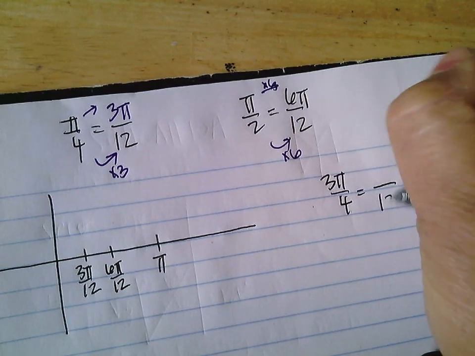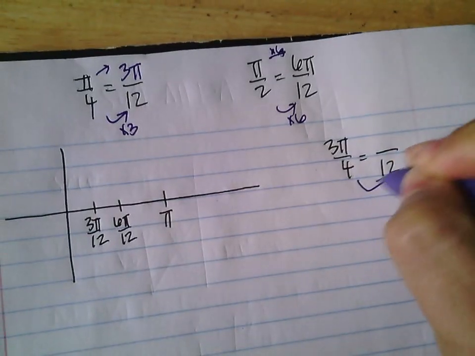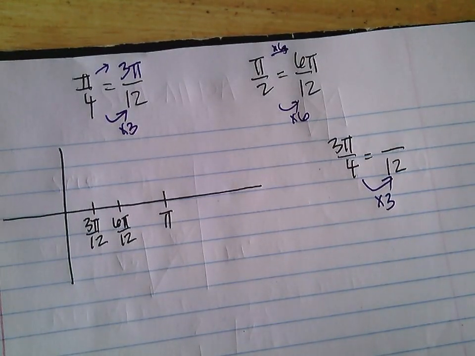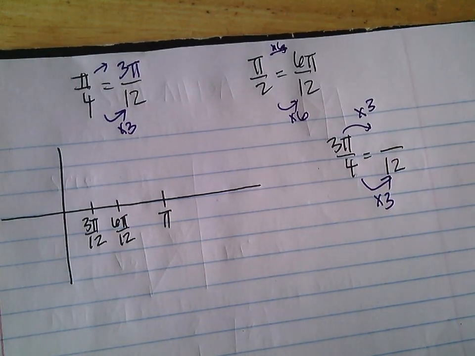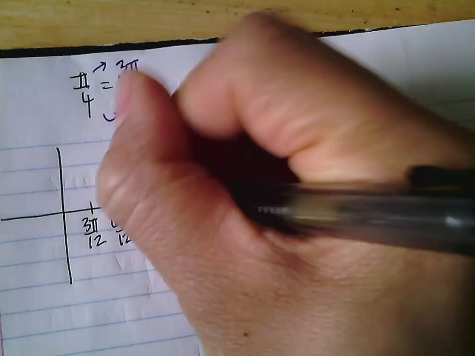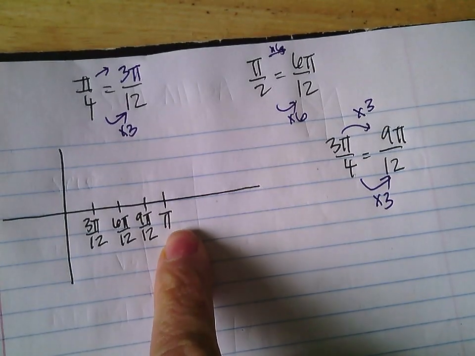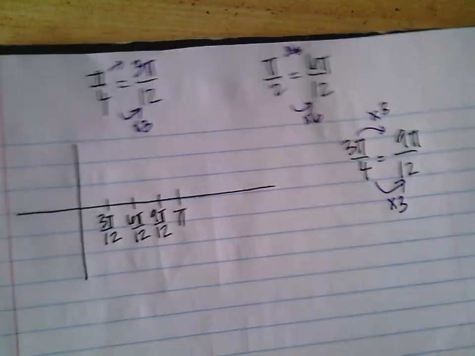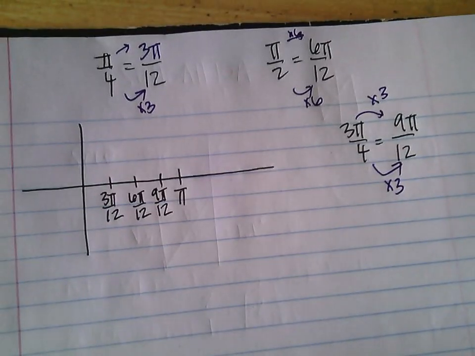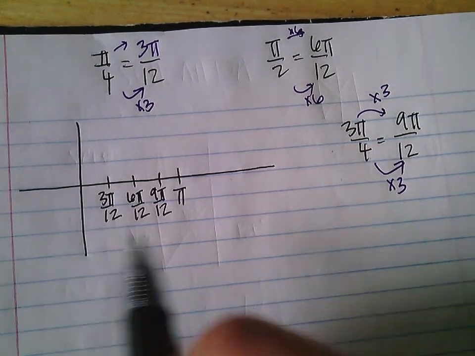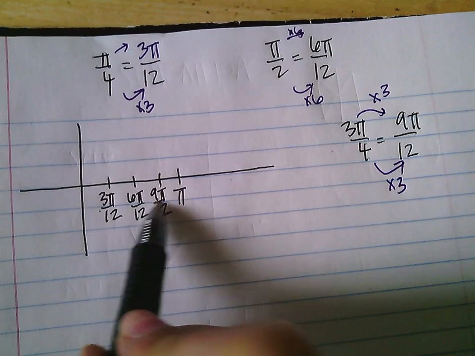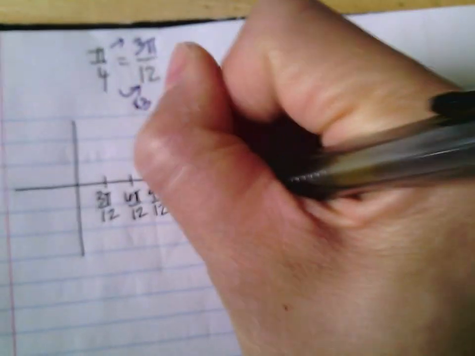I want to rewrite this so that it has a denominator of 12, which I get to by multiplying by 3. Multiply the top by 3. 3 times 3 is 9 pi over 12. Pi would just be 12 pi over 12. I'm just showing you this way so that now you can easily see where pi over 12 falls on this graph. So if you look here, 3, 6, 9, and this is 12 pi over 12.